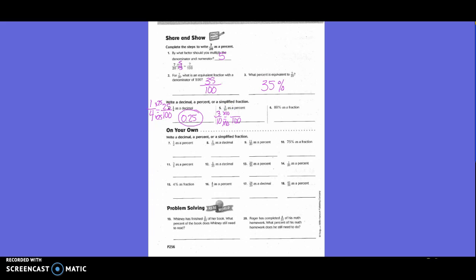So 3 times 10 is 30. So what is that as a percent? 30%. Now they want 80% as a fraction. So how would I write 80% as a fraction? 80 over 100.